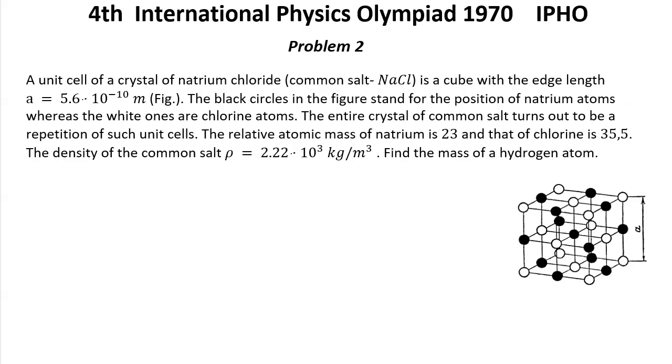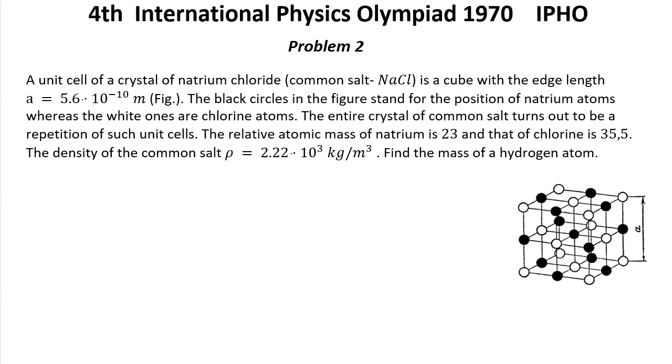The relative atomic mass of natrium is 23 and that of chloride is 35.5. The density of the common salt, ρ, is 2.22 multiplied by 10 power 3 kilogram per cubic meter. Find the mass of a hydrogen atom.